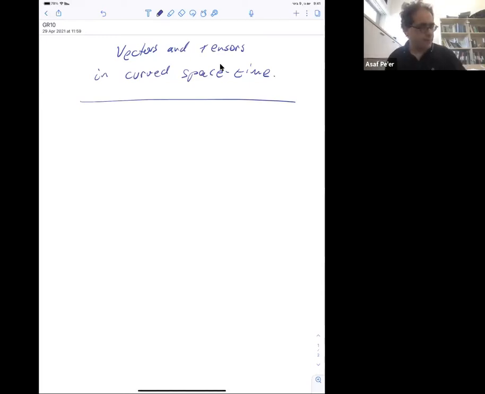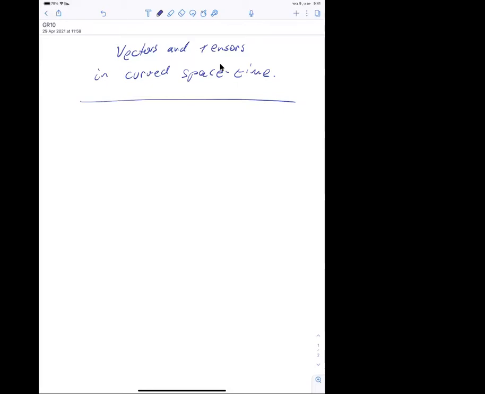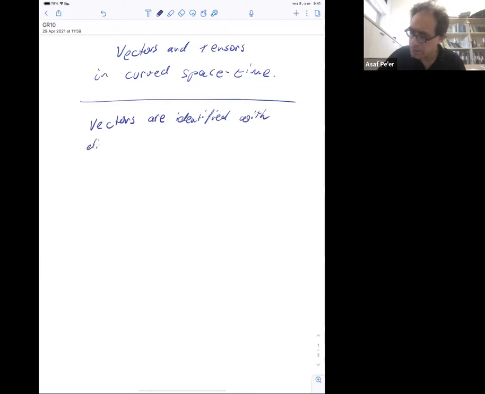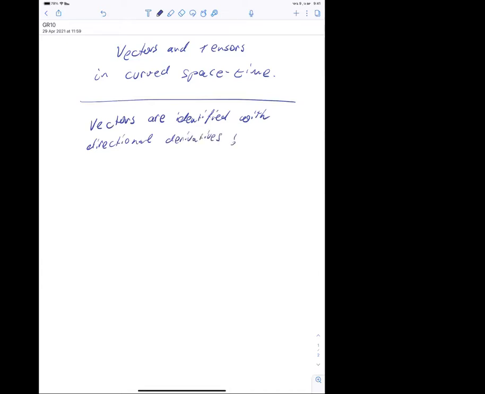Last time we had a very lengthy discussion with the final goal, and this is the point to remember: in any curved space, or the technical term is a manifold, I identify vectors as directional derivatives. That's the most important thing, right?